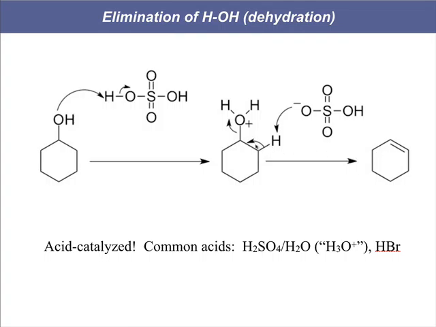Also notice that this is acid catalyzed. We consumed the acid in the first step, but then regenerate the acid in the last step. So common acids that will do dehydration are sulfuric acid diluted in water, which is sometimes written in shorthand as H3O plus, because when you mix H2SO4 with water, water gets protonated from the acid.